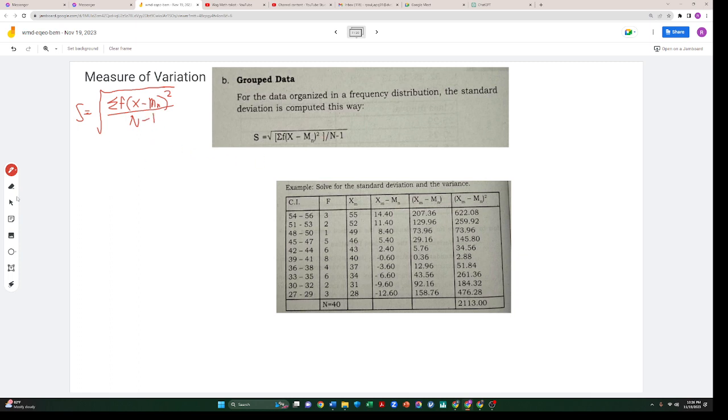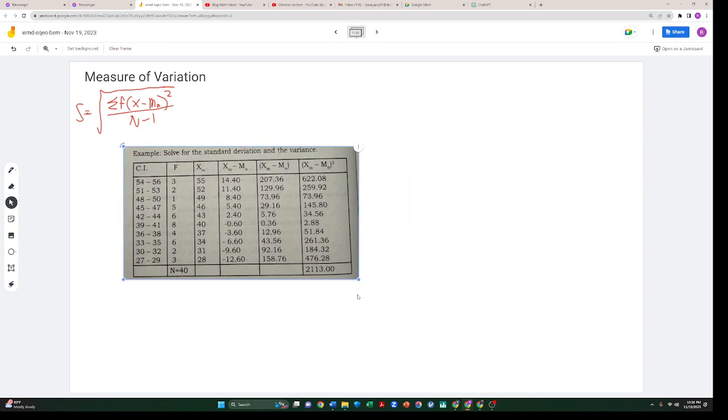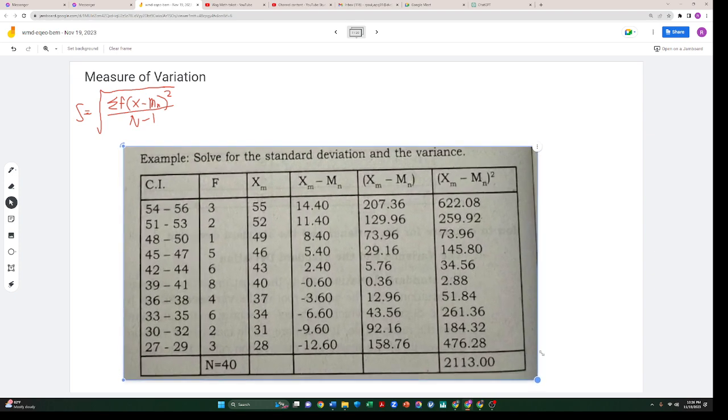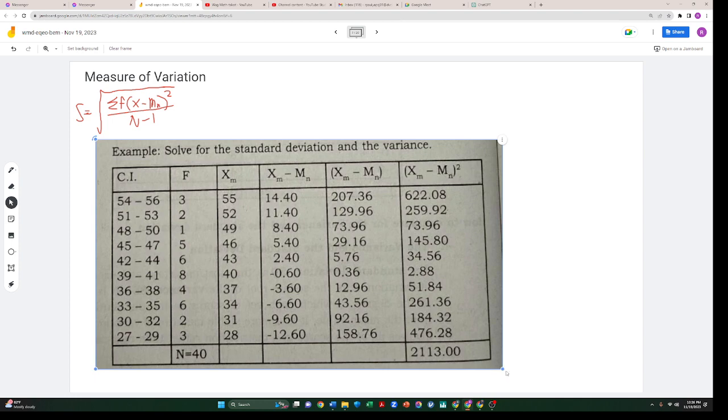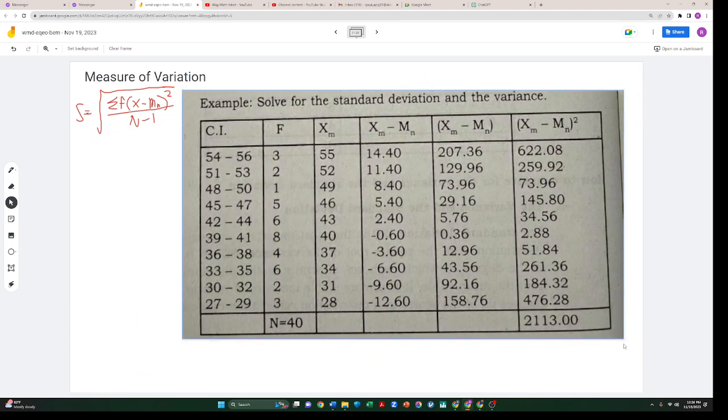What we need to find here is the standard deviation and the variance.